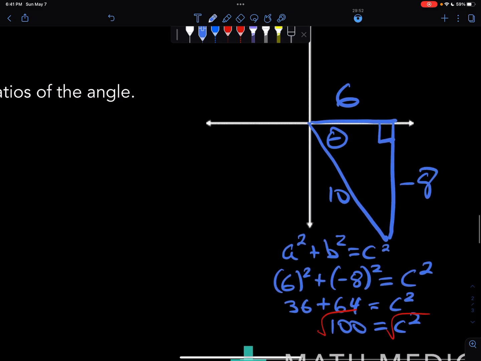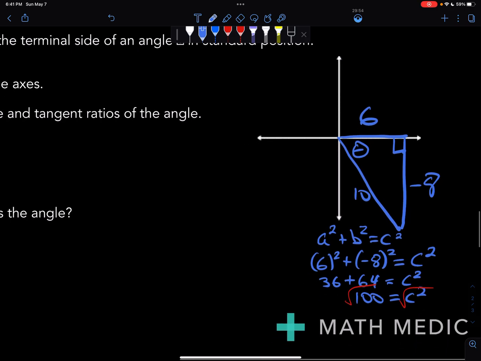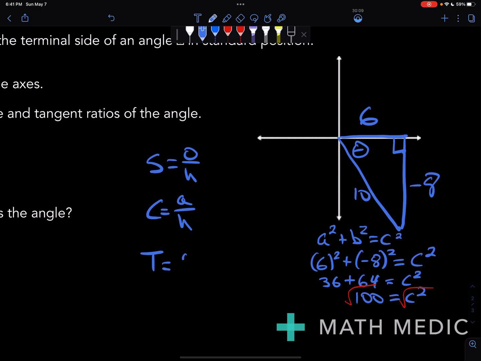So if we want to identify sine, cosine, and tangent from theta, remember sine is opposite over hypotenuse, cosine is adjacent over hypotenuse, and tangent is opposite over adjacent.